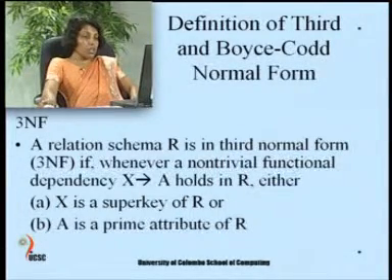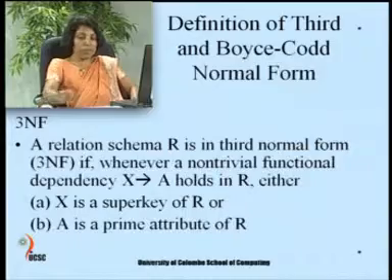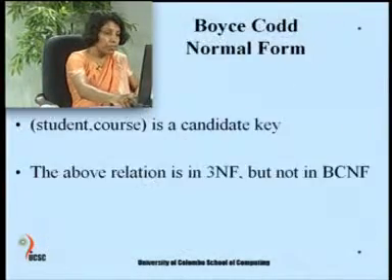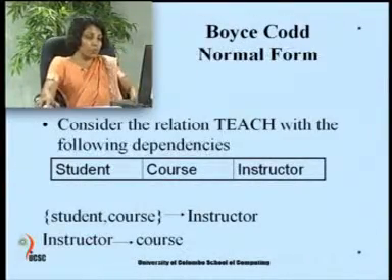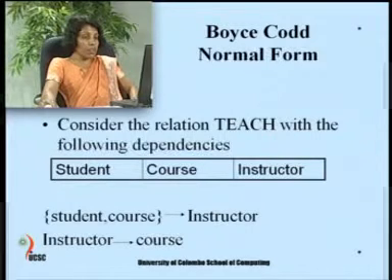So, the relation Teach is in third normal form, because if we consider the functional dependency instructor determines course, you can see that course is a prime attribute.